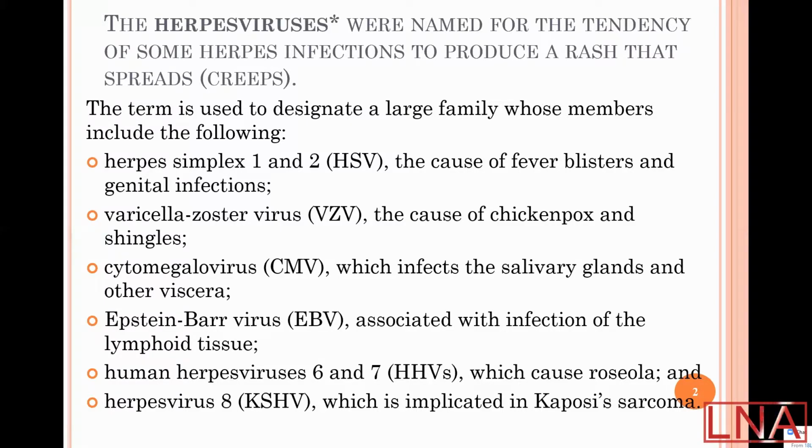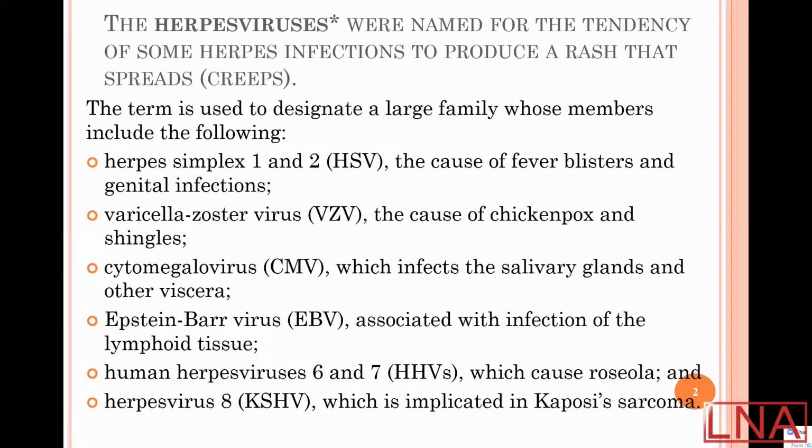Third type is varicella zoster virus, which causes chickenpox and shingles. Also, cytomegalovirus, which infects the salivary glands and other viscera. Epstein-Barr virus is associated with infection of the lymphoid tissue. Human herpes virus 6 and 7 cause roseola.